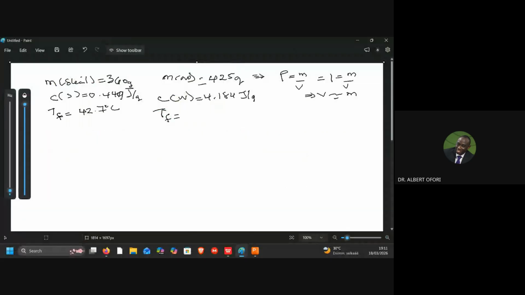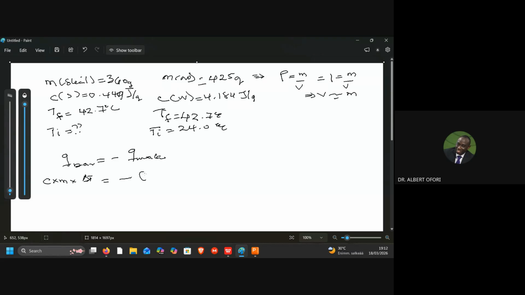So if I'm using the board, we can just get the final minus initial.